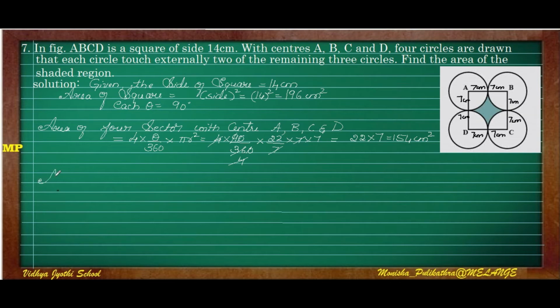So finally we have to find out the area of shaded region. We can see the area of a shaded region. So from area of square we have to subtract the 4 quadrants. So area of shaded region is equal to area of a square minus area of 4 sectors.